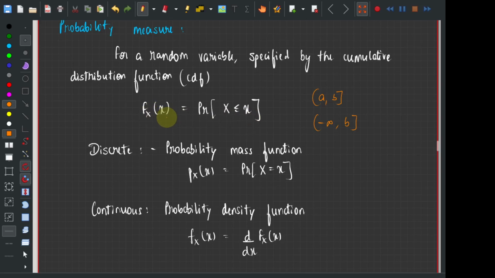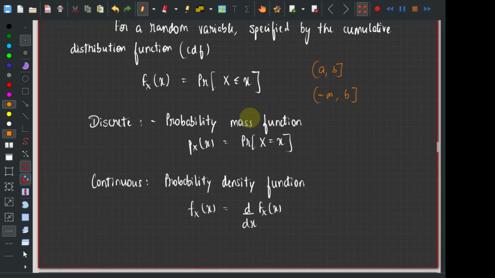So given any random variable, the CDF is always well defined. It could be a discrete random variable, a continuous random variable, or a mixed random variable. But the cumulative distribution function, which is the probability that X is less than or equal to x, is always well defined. Now, depending on whether the random variable in question is discrete or continuous, you can instead work with either the probability mass function or the probability density function.